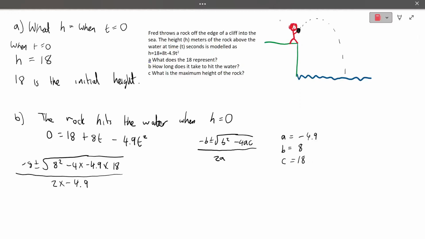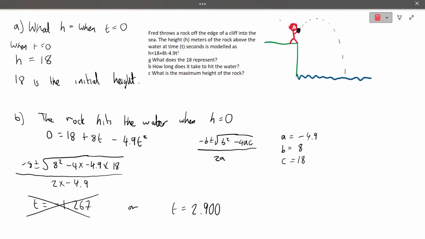So we take that in a calculator and we get t equals minus 1.267, or we get t equals 2.900. So one of those answers isn't correct, and that's obviously the negative value for time.